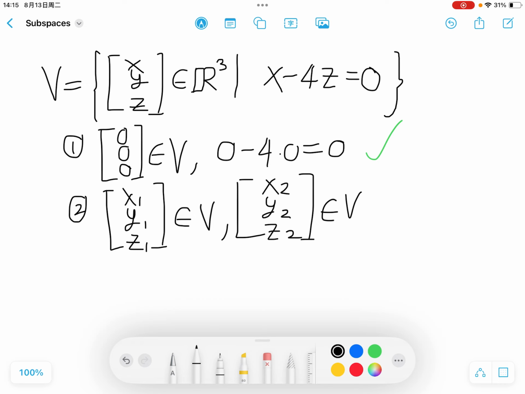This essentially means that x1 minus 4 times z1 is equal to 0, because that's the whole condition for being in the subset, right? And x2 minus 4z2 is equal to 0.